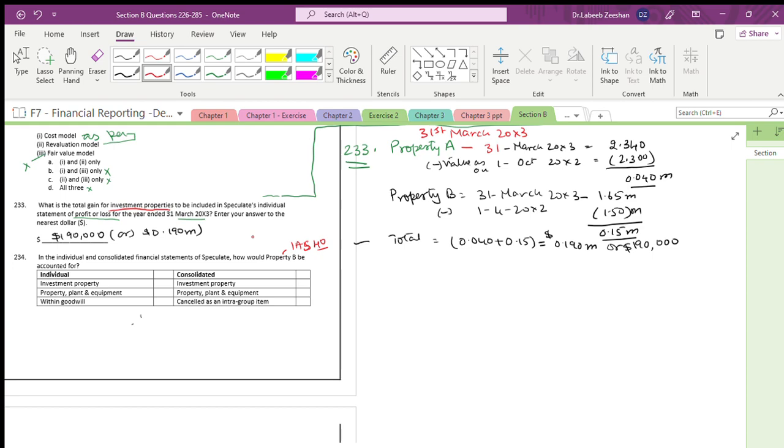If you take individual accounts, we are talking about whether it is identified as an investment property.